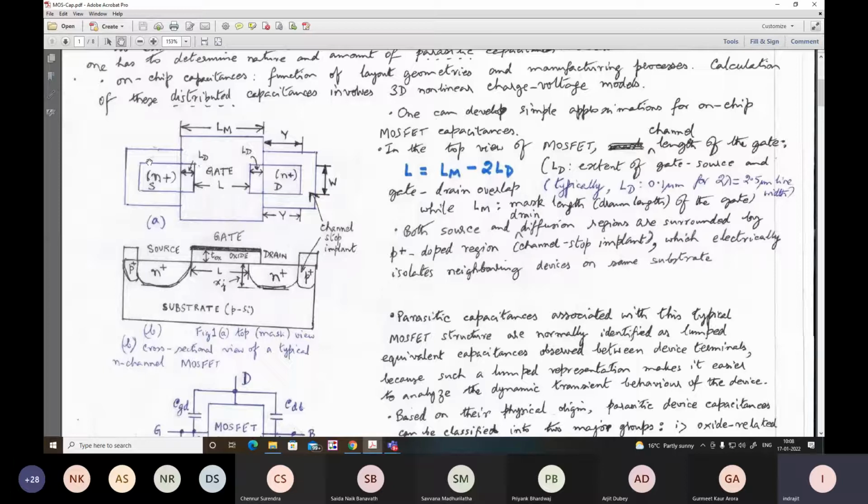And W is the width of the diffusion, but the actual width of the gate may be more. So when we discuss the channel dimensions, we'll consider L for the length and W for the width.